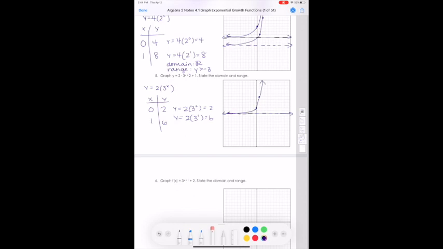Alright, and now they need to move left 2 and up 1. So left 2, up 1 for both of those points. My asymptote is also going to move up 1.